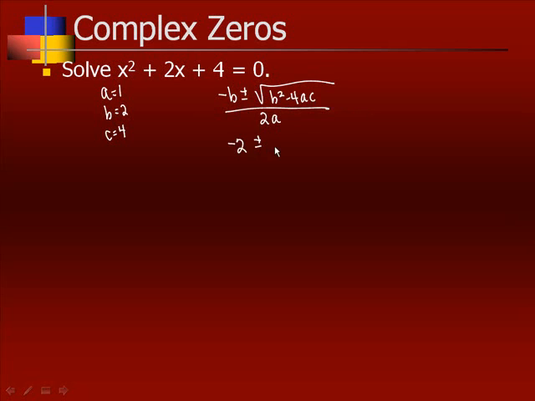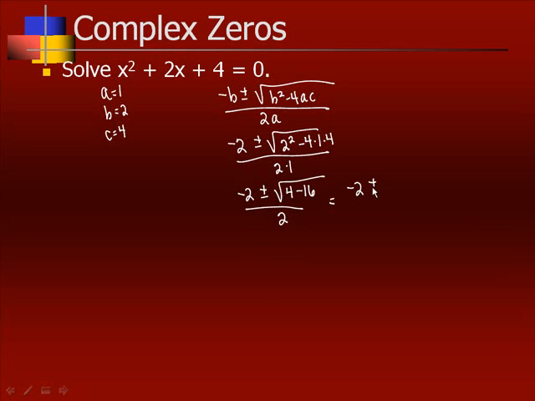So we get negative 2 plus or minus the square root of 2 squared minus 4 times 1 times 4, all over 2 times 1. So negative 2 plus or minus the square root of 4 minus 16 over 2, which is negative 2 plus or minus the square root of negative 12 over 2.